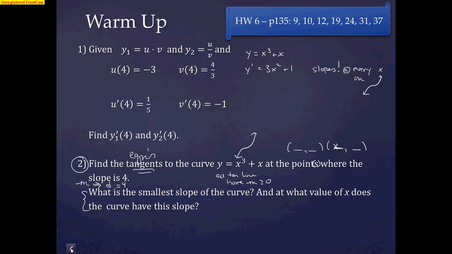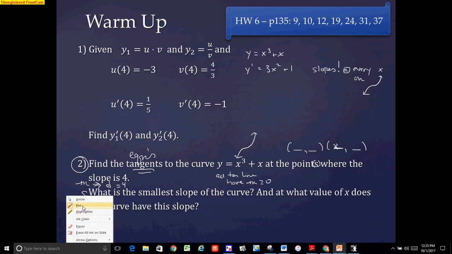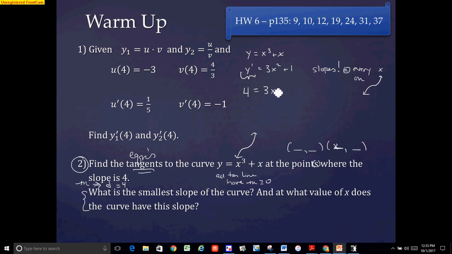Remember, I want the slopes to be 4, so go ask the derivative. I want you to be 4. Subtract 1 to get 3, divide by 3, get 1.